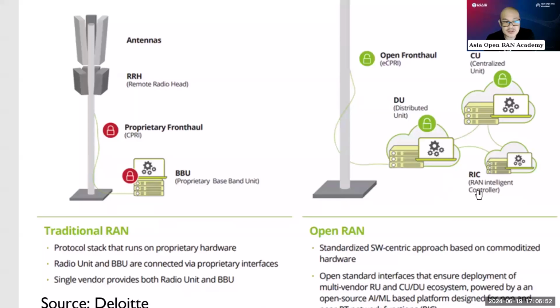The controllers were named, for example, in 2G the base station controller, and in 3G the radio network controller. Then in the era of 4G, they removed the physical controller and embedded it inside the eNodeB. And right now in the era of Open RAN, they are getting it back, but now it is powered by artificial intelligence and machine learning.